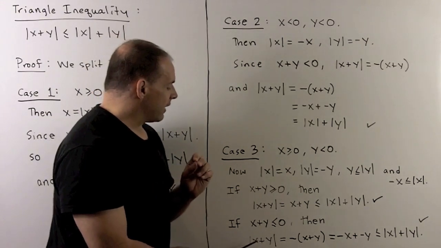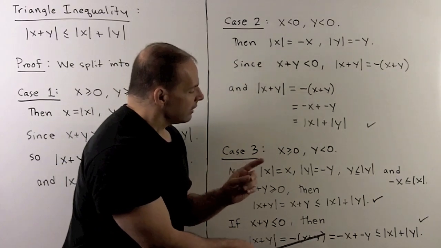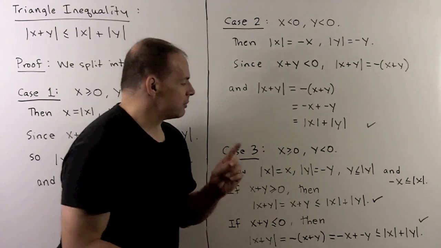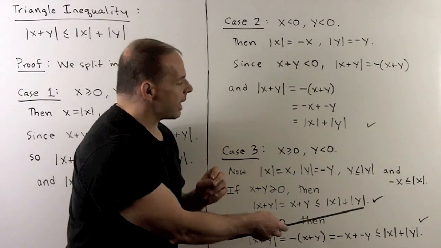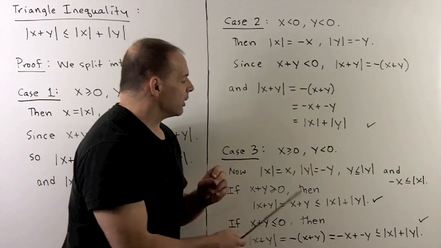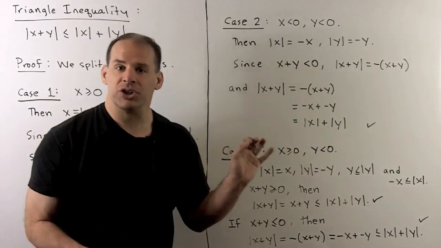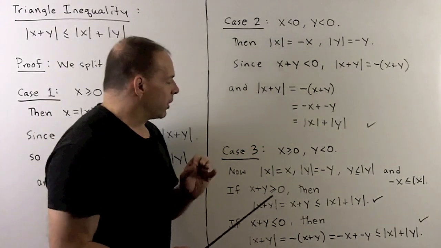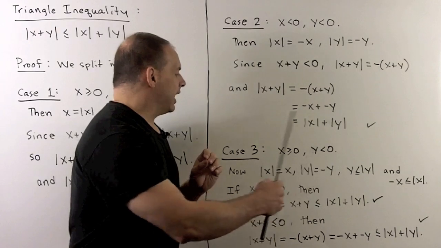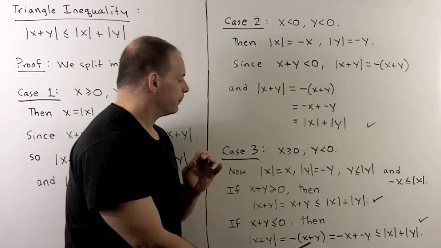We take the absolute value of x plus y, that's equal to minus x plus y. And then that's equal to minus x plus minus y, which is less than or equal to absolute value of x plus absolute value of y. So we get the triangle inequality in this case. So that finishes off our proof. Now, I'll leave it to you to figure out how to remove all the cases by adapting the argument for case 3.